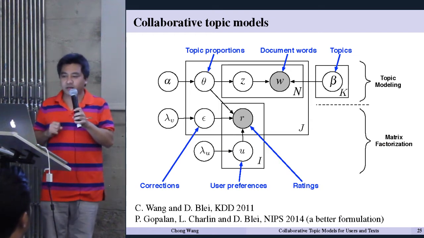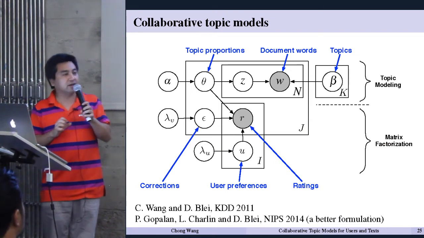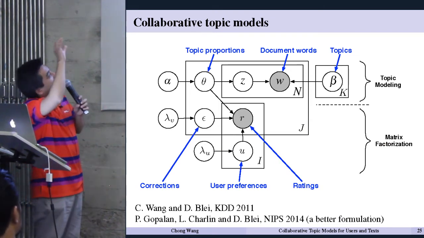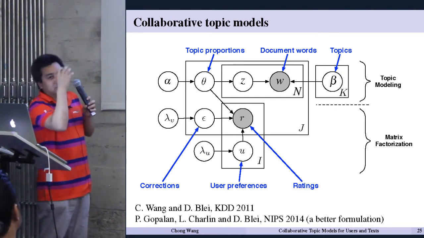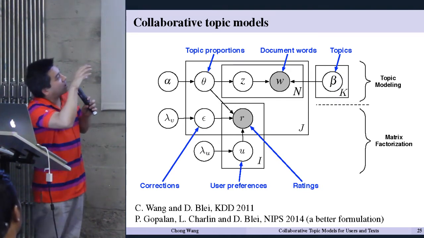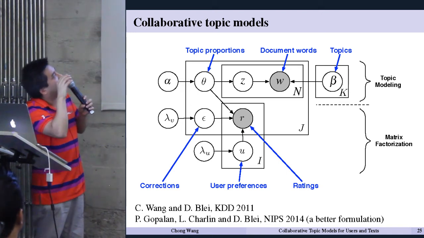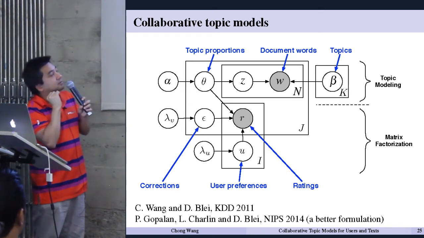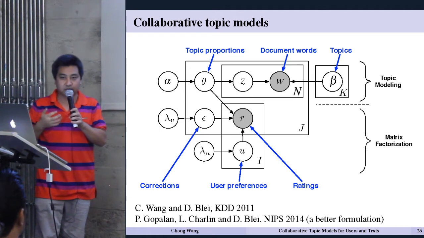Okay, so here is the model. It's a little bit involved, but the basic idea is that on the top is the topic model we saw in the very beginning, and on the bottom is a simple matrix factorization model to do recommendation.